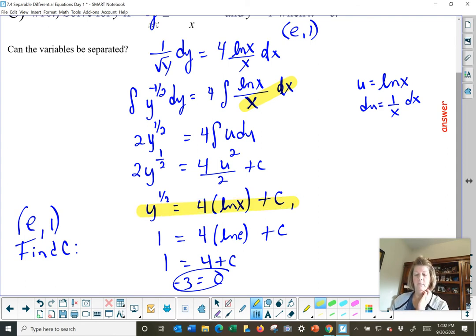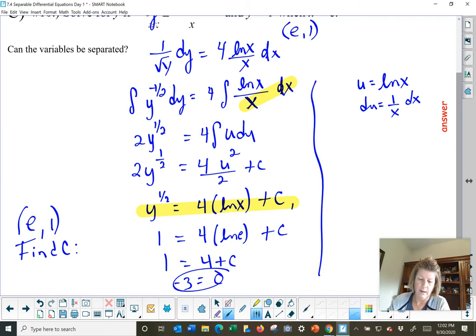And now I just need to go back to where we were right before we found c, and let's rewrite it. So I would have y to the 1/2 equals 4 times natural log of x minus 3. I'm going to close that off so I can tell that 3 is outside of the natural log.